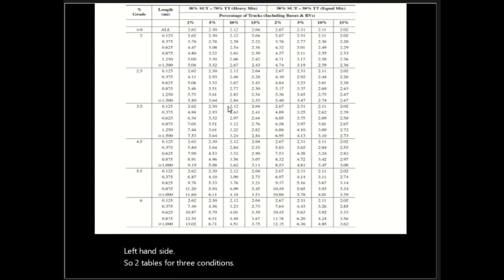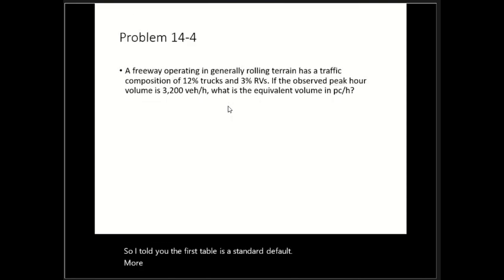Clear? Any questions? I told you the first table is the standard default. More single unit trucks, fewer trailer trucks. Now when I say 70% single unit trucks and 30% trailer trucks, the total is how much? 100%, right?